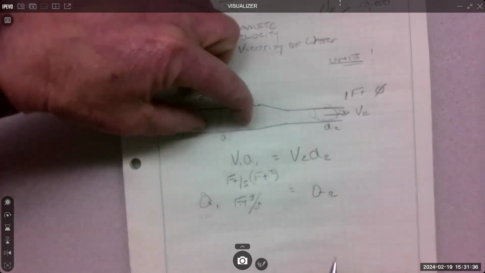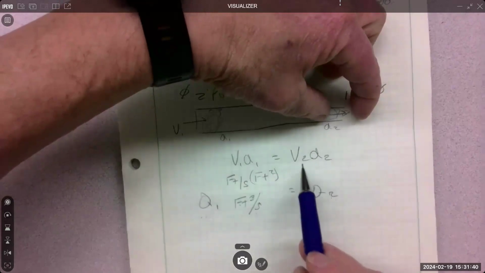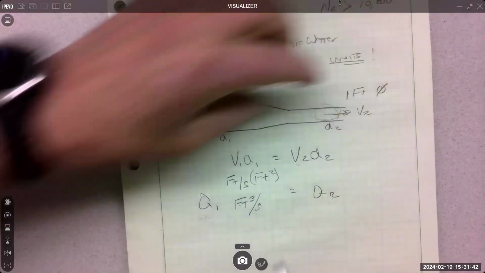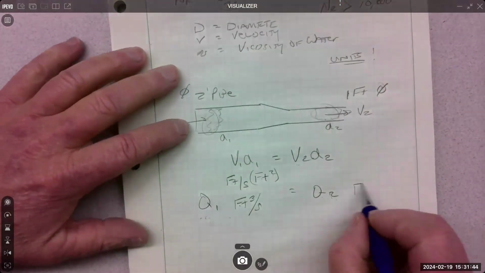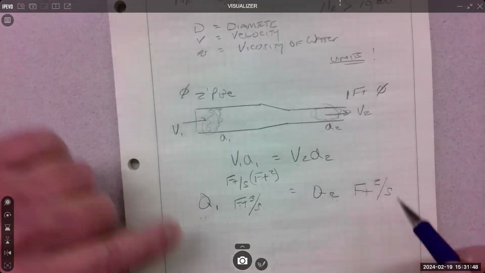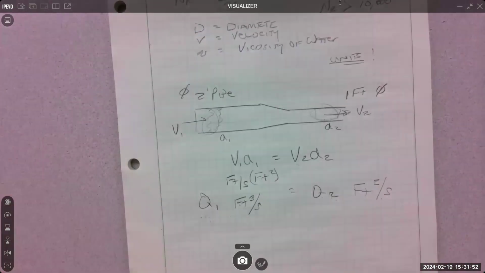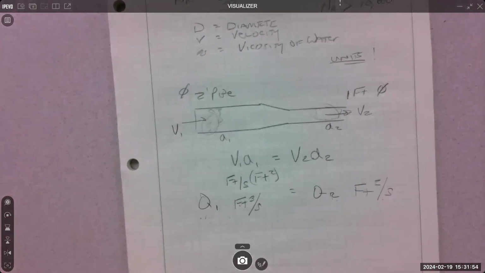If we're transferring 1 cubic foot here, we have to transfer 1 cubic foot here. What changes is the velocity. So these will equal each other, they have to, right? But in order to do that, it's got to speed up. All right, that's the conservation of mass.